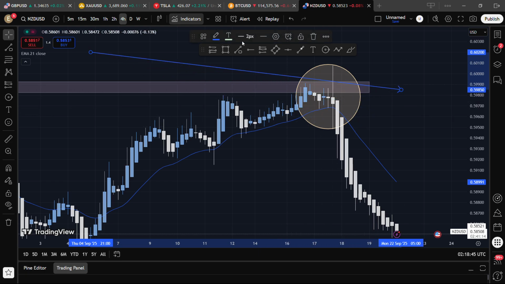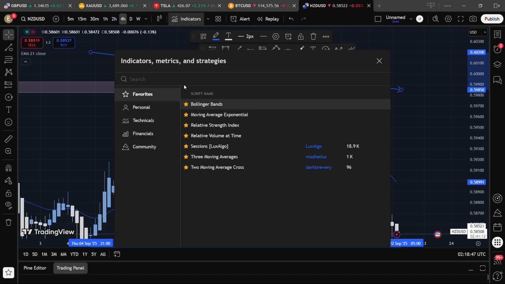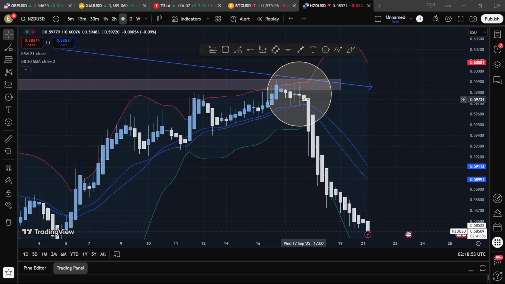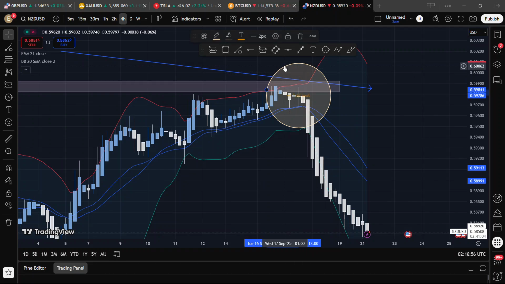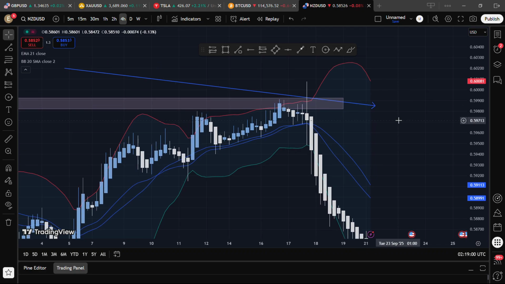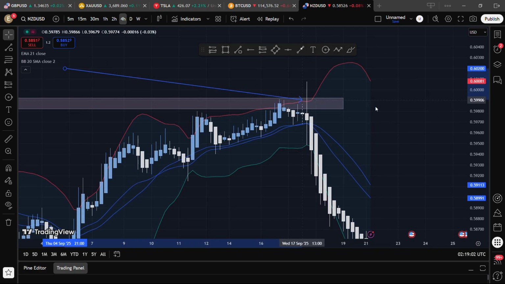I also added this Bollinger Bands. I always use Bollinger Bands when trading support and resistance because Bollinger Bands is good when trading support and resistance. So let me move this circle. With the Bollinger Bands, the upper band is the red, the green is the lower band, and the blue here is the moving average. Anytime price goes above the upper band, it indicates a sell signal.